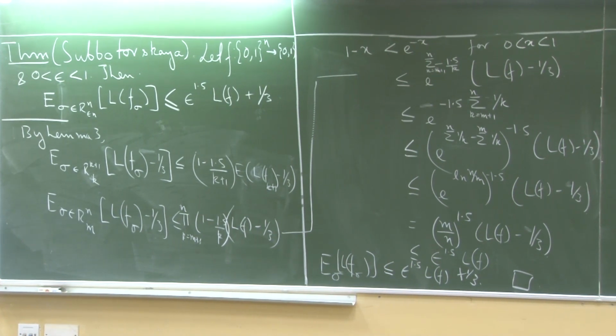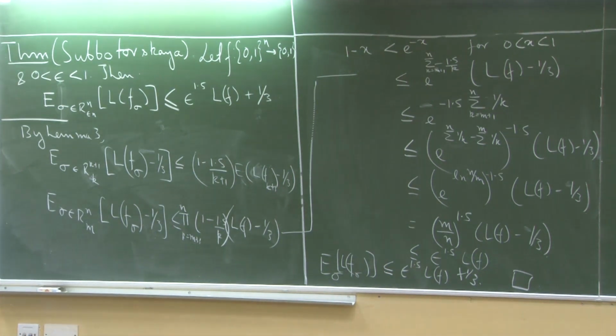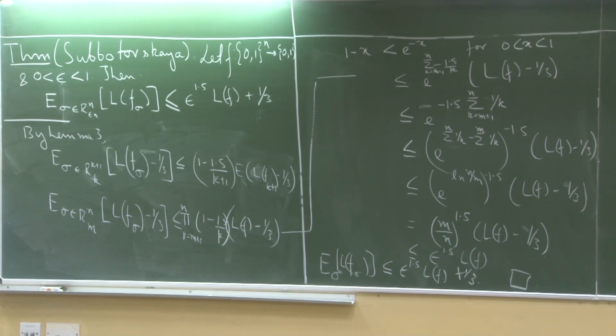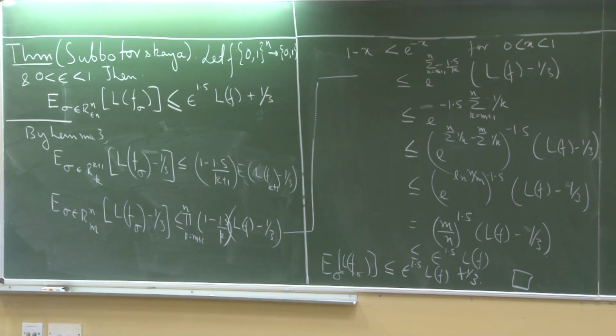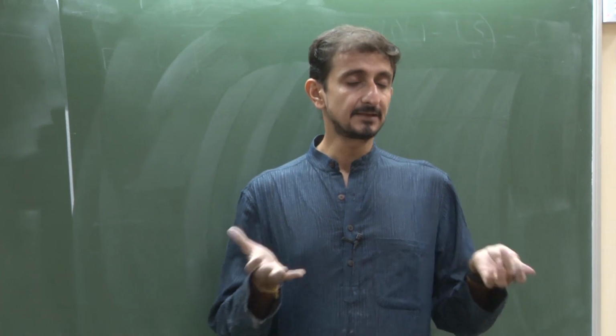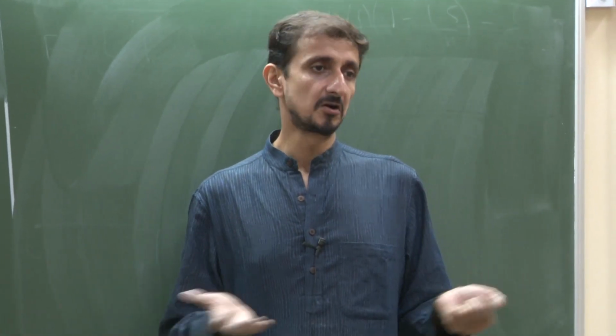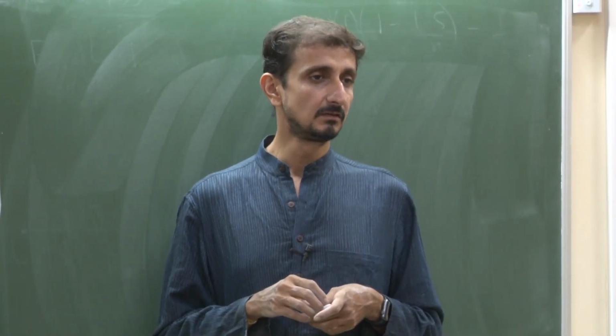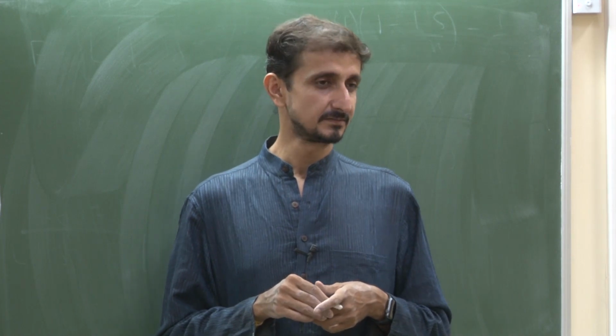So, when will it be 0? The expected value of the size of the formula. The expected value will be 0 when that function has a formula of size 0 for all possible restrictions.